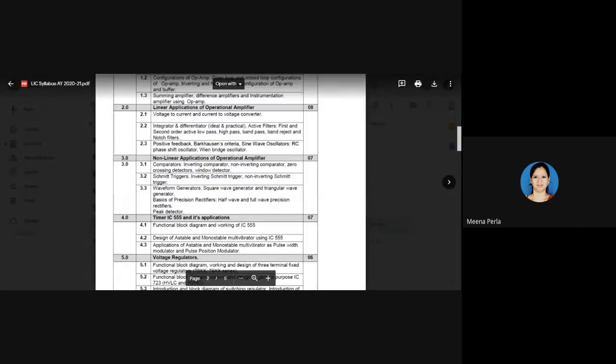Okay, so we'll just start with the comparator. So first we will start with an inverting comparator. Let me start.